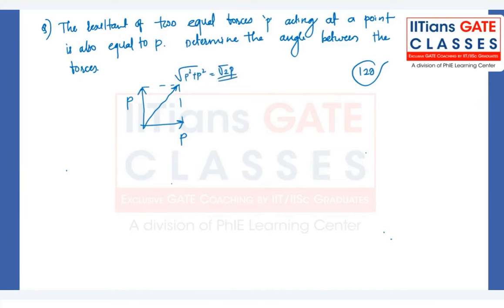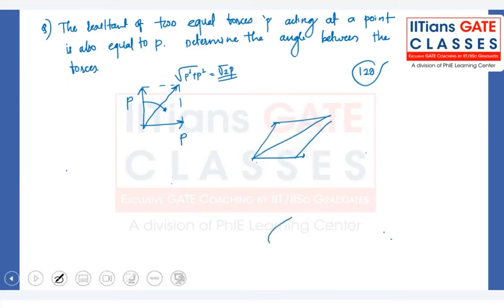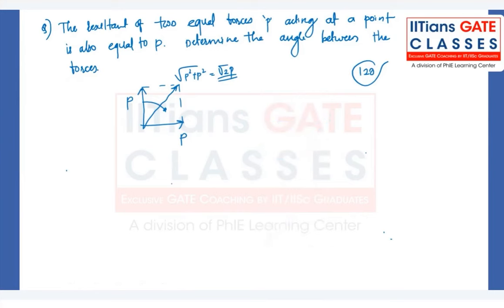So try to think what the resultant will be. If you bring the forces closer and closer, what will happen? Your resultant will go on increasing, right? Because it will create a parallelogram. Whenever you create an acute angle between these two forces, your resultant will increase. Your resultant will reduce when the angle is more than 90 degrees.